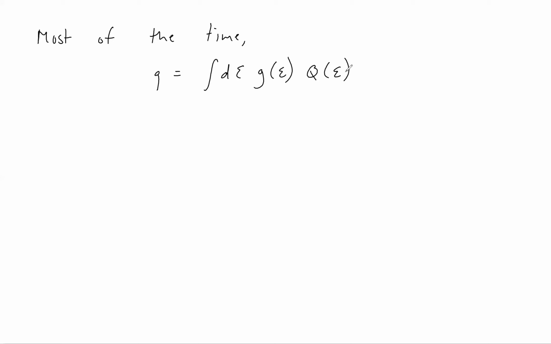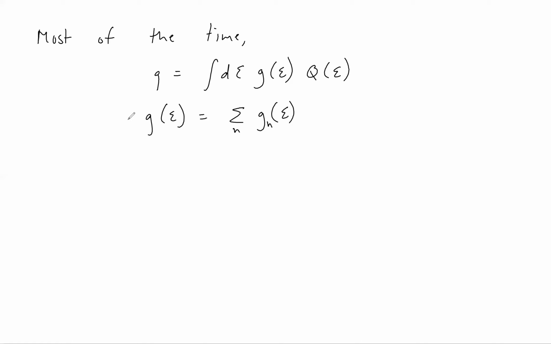So most of the time it's advantageous to say that this quantity little q is equal to an integral over energy of the density of states, G of E, times now this quantity Q, which we've written as a function of E. Remember, the density of states is something that describes the number of states per unit volume within the small energy dE of energy E.